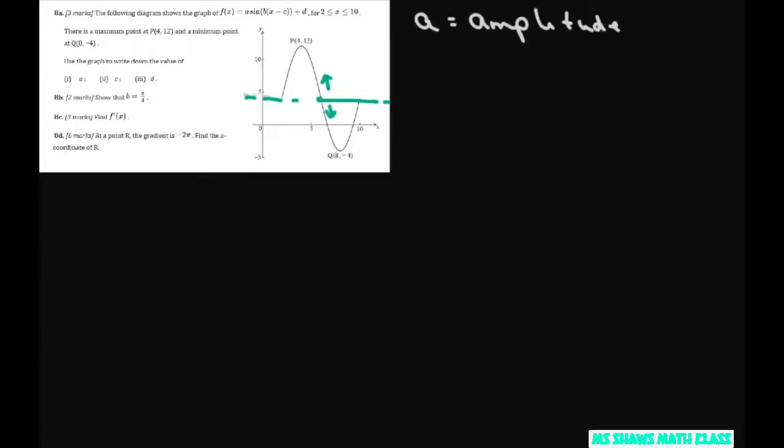So you take your y values and subtract the y's and then divide by 2. So this is going to equal 16 divided by 2 equals 8. So our A is 8.